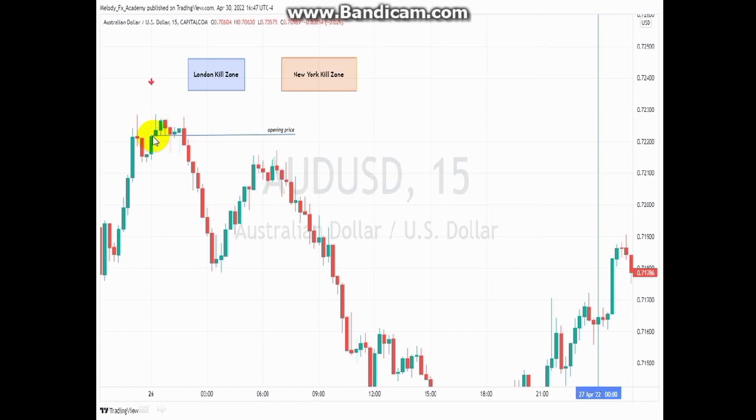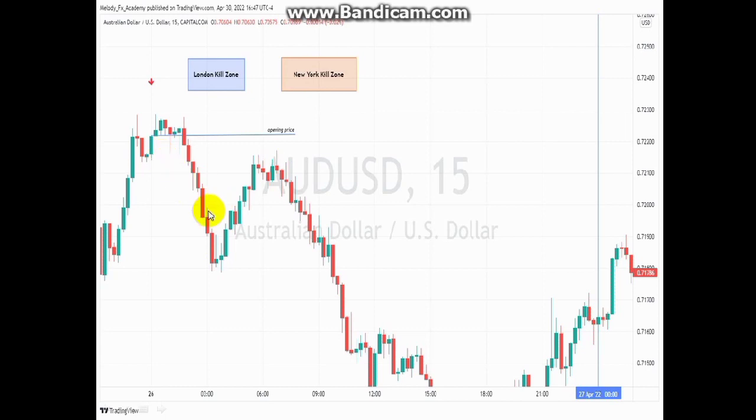But in this scenario, we have price open up right here, then we have a huge displacement downwards. So I was expecting an old high to get taken out above the opening price. I was expecting a run on buy side liquidity before the market breaks down.